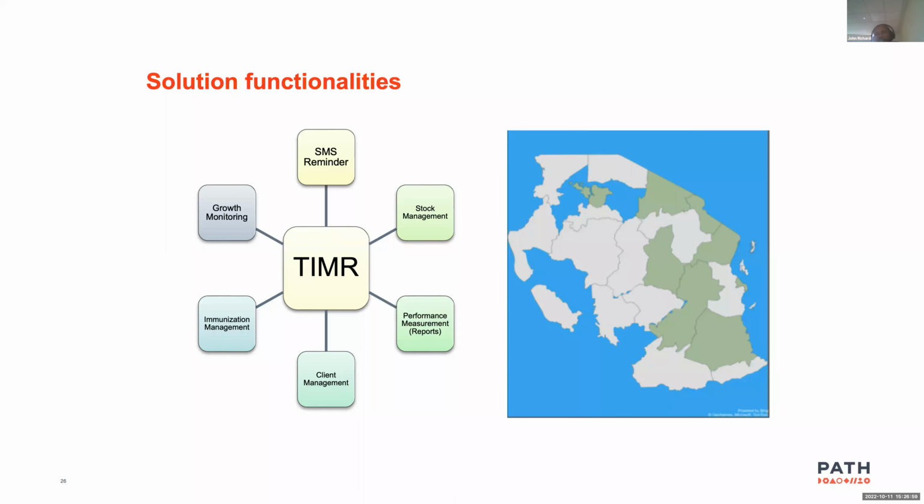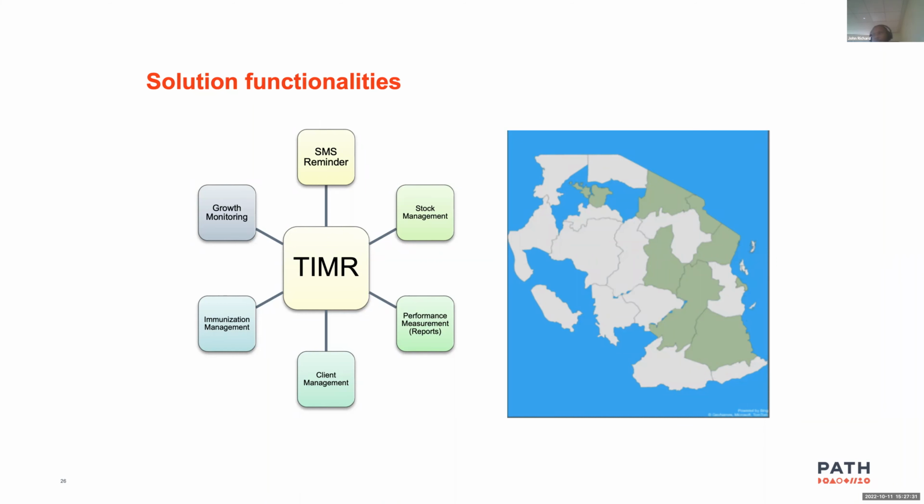And then we also have growth monitoring. Apart from the immunization, with the system we are able to monitor children's growth. The weight record also has inbuilt decision support, in case the child's weight is high or normal, providing an interpretation to the healthcare workers so that they can understand and then provide advice to caregivers.